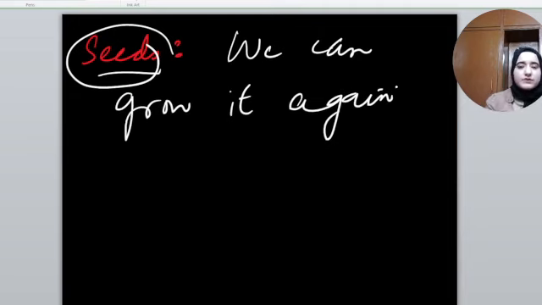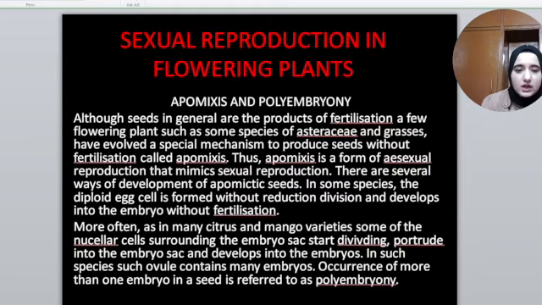They contain the genetic material of their parents, so they serve as their progeny, since they get converted into plantlets. I hope this concept is clear, why seeds are important.